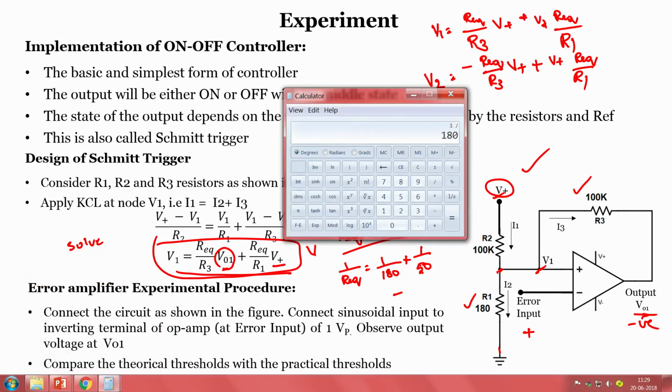1 divided by 180 plus 1 divided by 50. So, it is 0.255. So, 1 divided by the answer gives 39.13. So, R equivalent is 39.13.